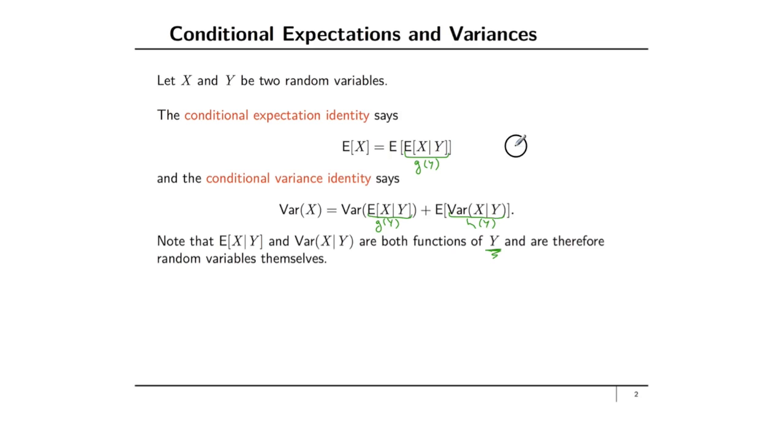So in fact, I can write the expected value of x as the expected value of g of y, and I can write the variance of x as the variance of the random variable g of y plus the expected value of the random variable h of y. So those are the conditional expectation and conditional variance identities, and they can be very useful in many applications.